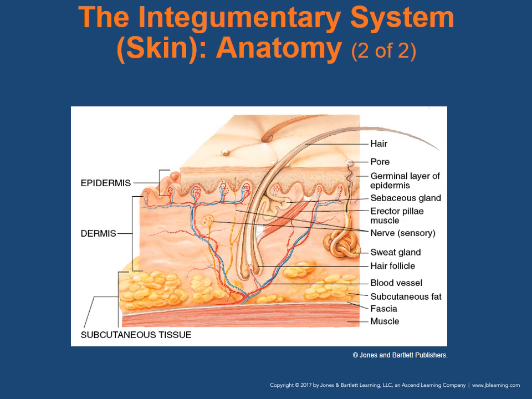And then once we start to get into the dermis, that's when we get the actual muscles that can control the hair in order to make it stand erect to try to warm us up. There's also some sensory nerves that are located in here. Our sweat glands are located in there. As you see, blood vessels.